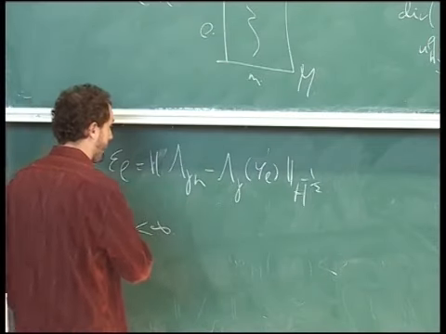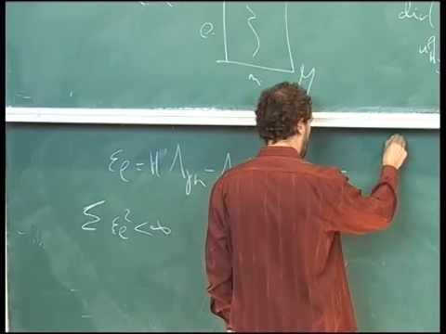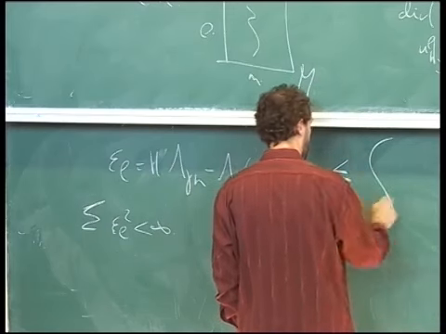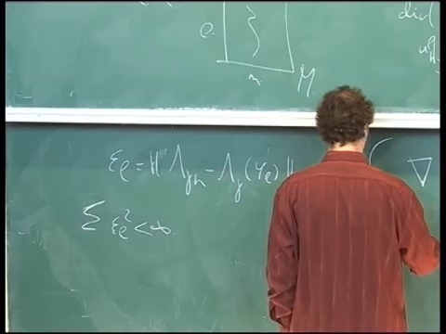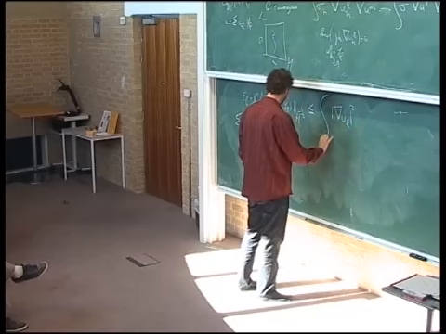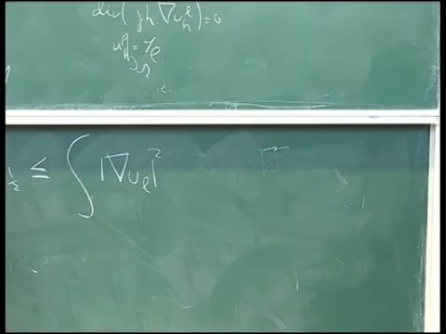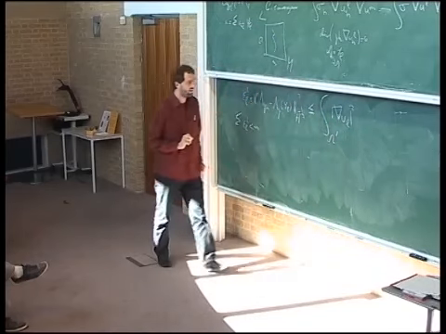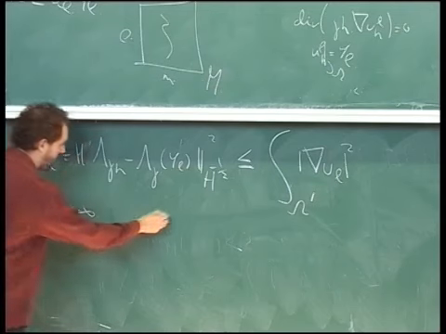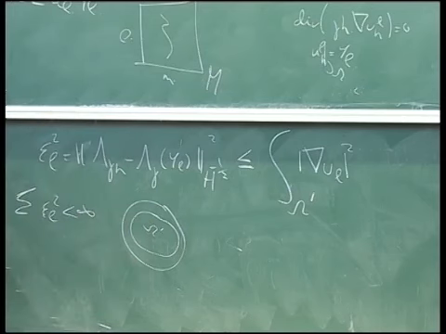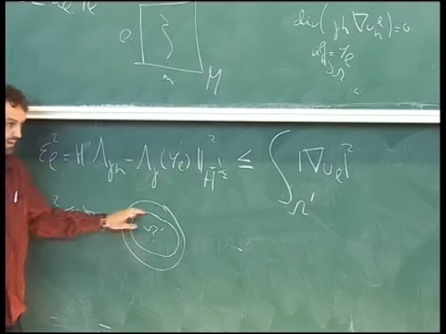And why is this true? This is true because it can be proved that this is controlled by the gradient of UL squared on precisely on omega prime, and this is the key thing. So recall I have omega, and I have this omega prime, which was a compact subset of omega, and I knew that the conductivities were the same outside here.